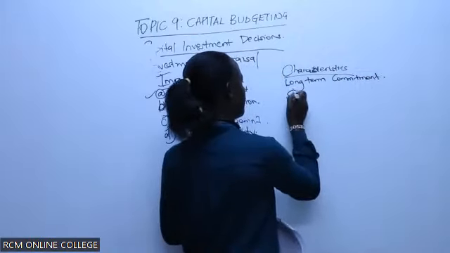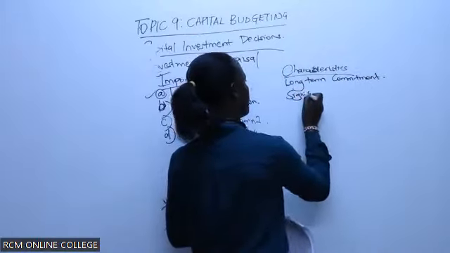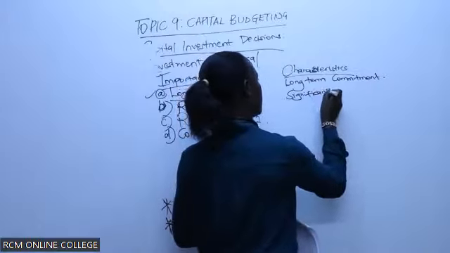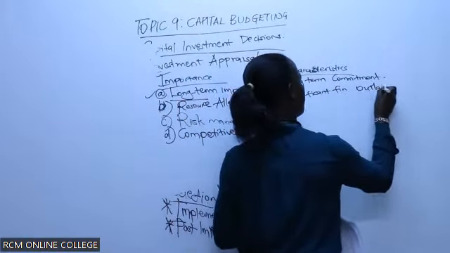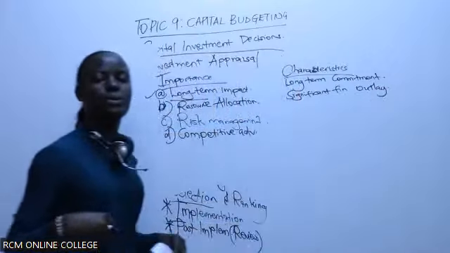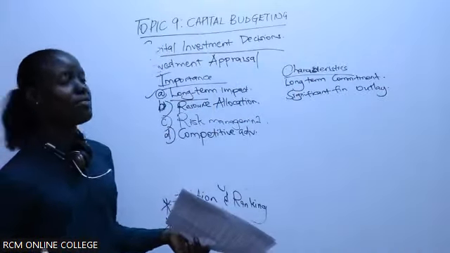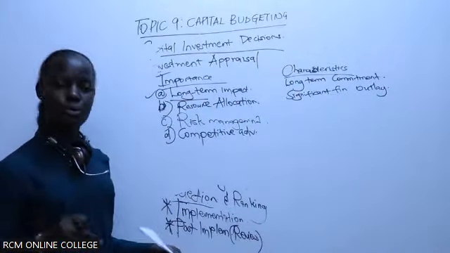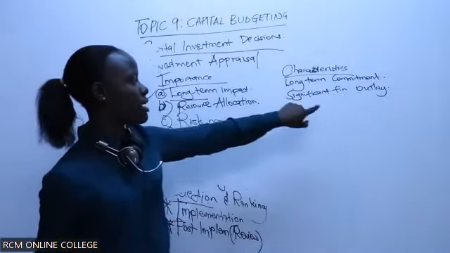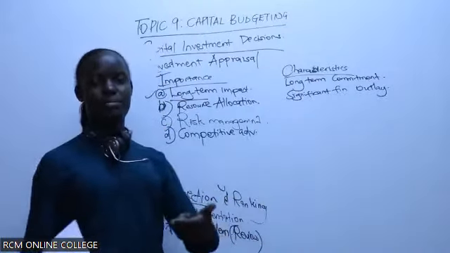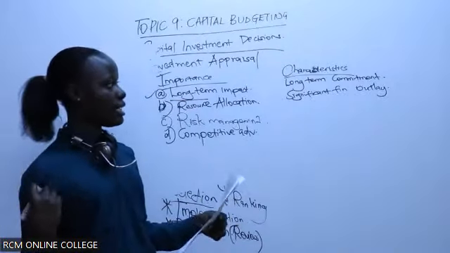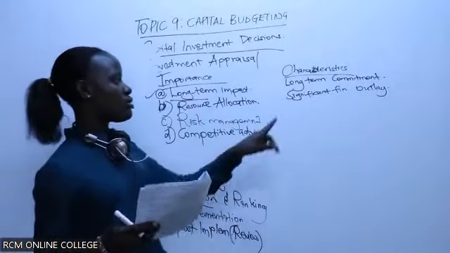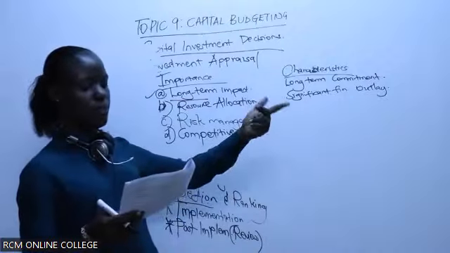We have significant financial outlay. You can't venture into a project if you don't have some finances to support it, and that's why we talk of significant financial outlay. You can't expand a business without some financial support regarding the project. So that is what we talk of, significant financial outlays.